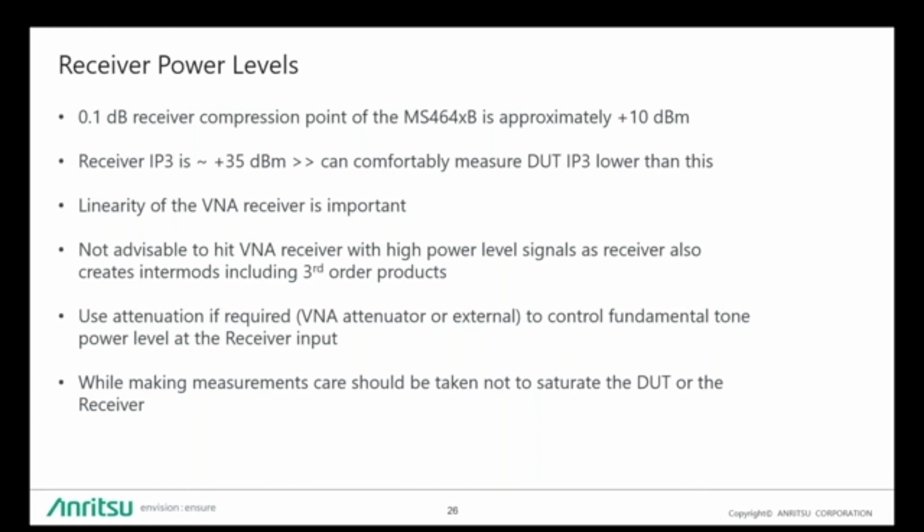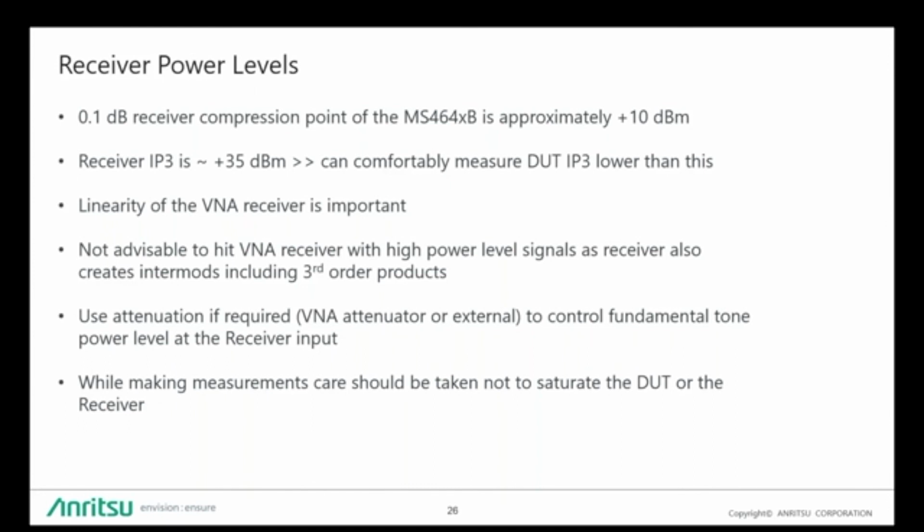And you can easily test for that using attenuation. So let's say, for example, under normal circumstances, the IMD3 between your fundamental and the third order product is 40 dB. Now, even if you use attenuation, that delta should remain the same.